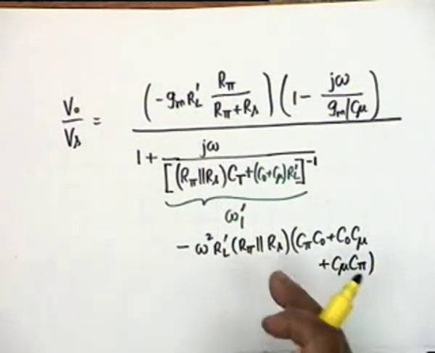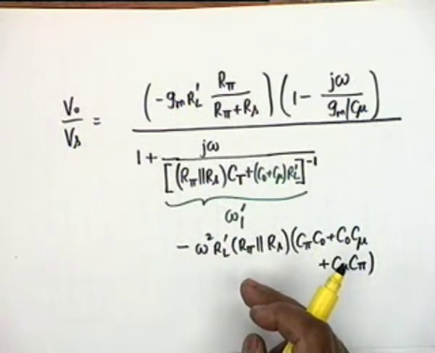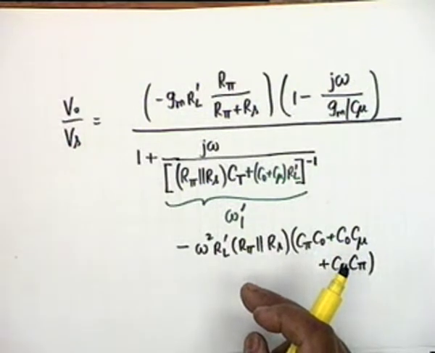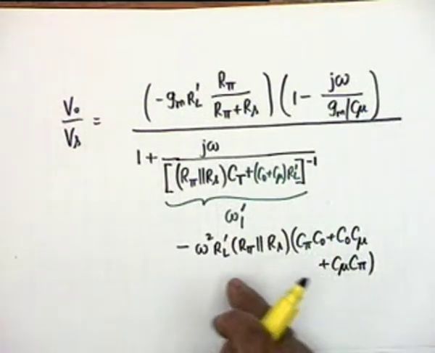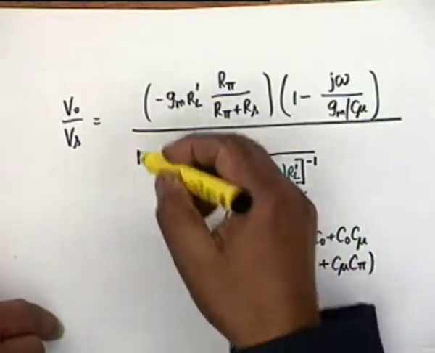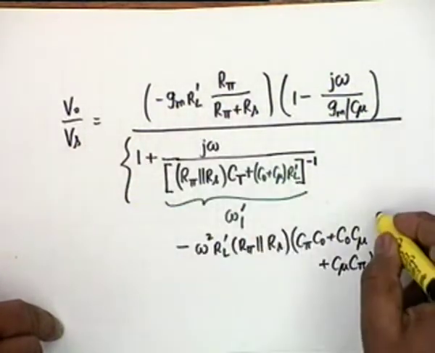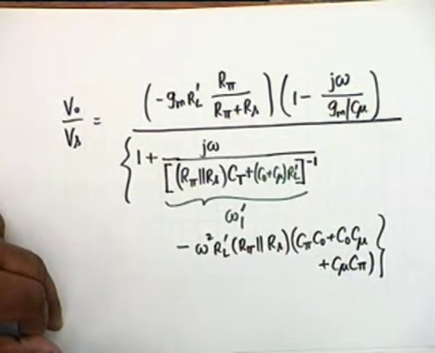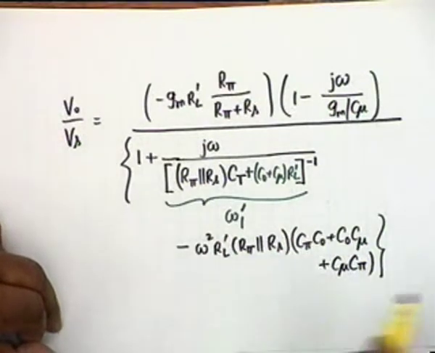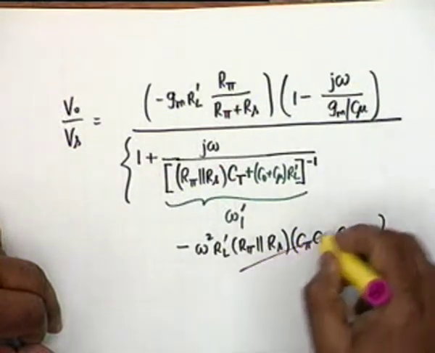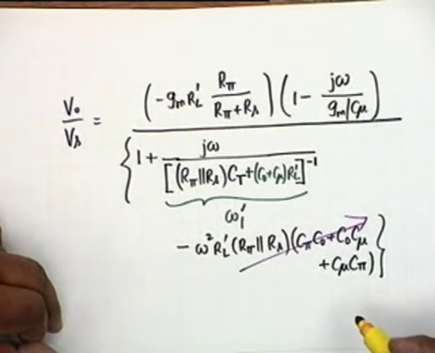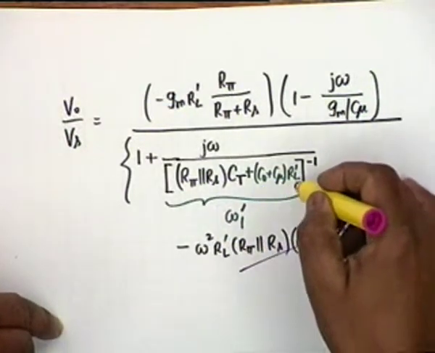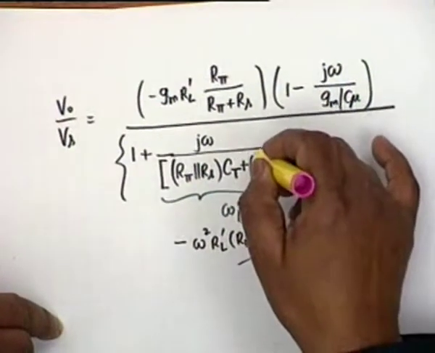Normally it should have been omega squared divided by omega 1 squared multiplied by omega 2 squared in the approximate expression. This is all in the denominator. And what we have done is we have ignored this, which can be ignored in an actual circuit, and instead of omega 1 prime equal to this we have ignored this term.